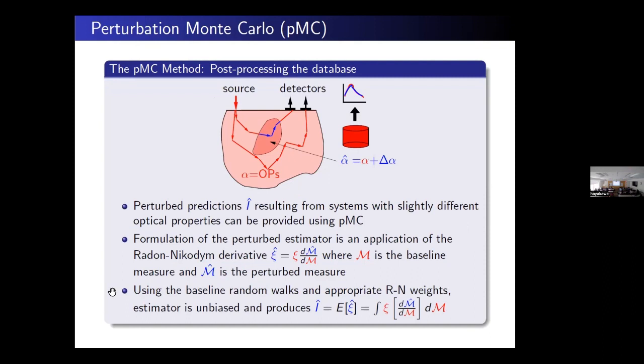We define the perturbed estimator as the baseline estimator times this Radon-Nikodym derivative. This d mu hat over d mu is a Radon-Nikodym derivative, where mu hat is the perturbed measure; think of it as the probability density functions that arise from the changed optical properties.